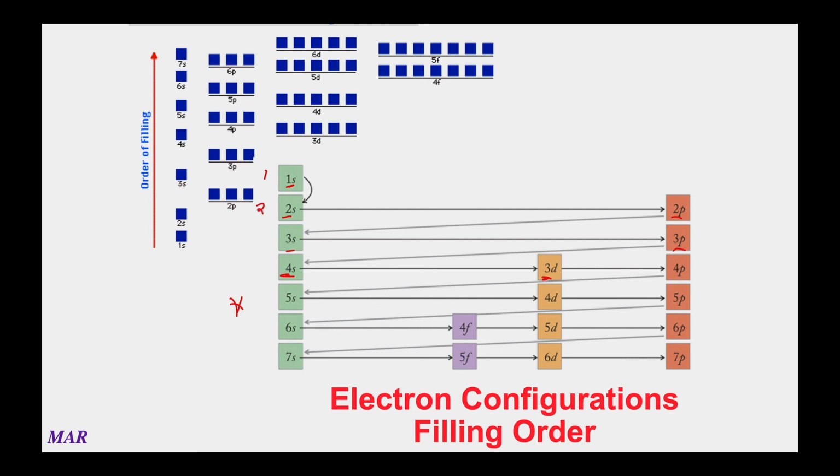Notice here how the period numbers 1, 2, 3, 4, 5, 6, 7, etc. So 3d and then 4p follows, then 5s, N minus 1, 4d, 5p, then you go 6s, and then notice here how here's the first 4f, it's 6 minus 2 or 4f, then 5d, 6p, etc. So this is an alternative way to see how the electrons get filled in as you go through.